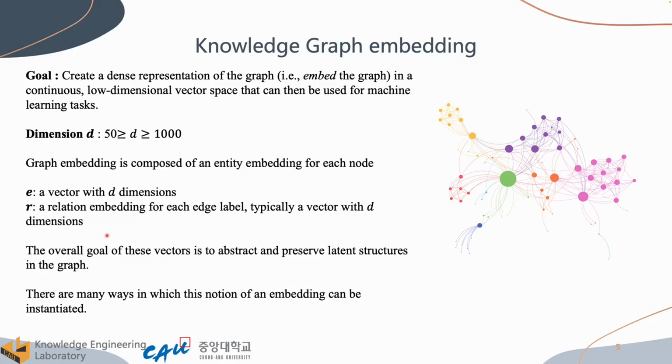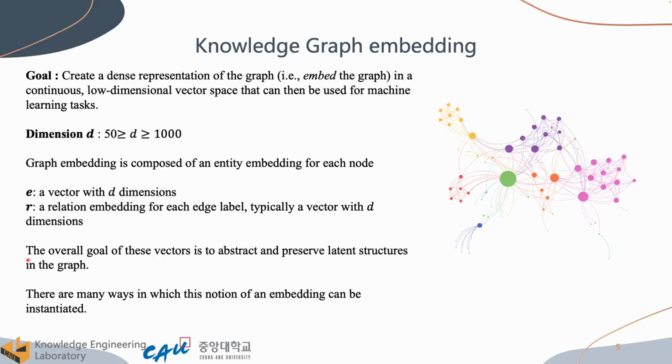The dimension is usually between 50 and 1000, and we use D to denote the dimension. A graph embedding is composed of an entity embedding for each node, which is a vector with D dimensions, and a relation embedding for each edge label, typically also a vector with D dimensions.